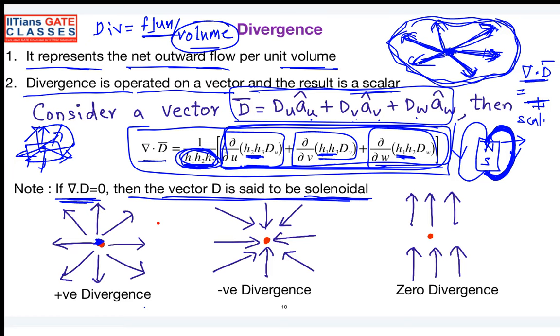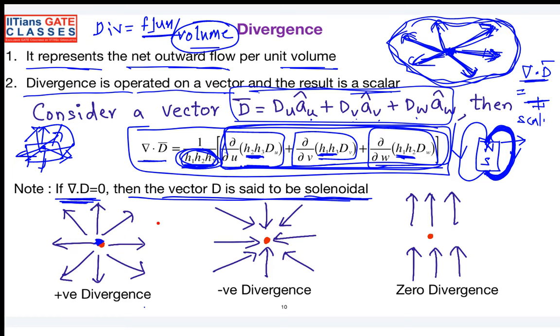That means everything is moving radially away, radially outwards; the divergence is said to be positive. Consider the second scenario where there is a radial nature, but it is radially inwards to the source. All the flux is entering towards the source.